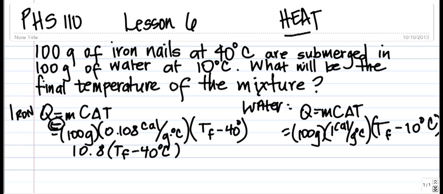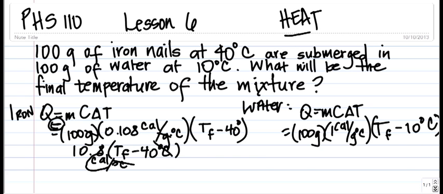In this case, my grams have cross-canceled grams, and my units here are calories per degree Celsius. You'll see my degree Celsius will cross-cancel as well, and I'll be left with calories for my Q. And we'll talk about where that's going to go in a minute.